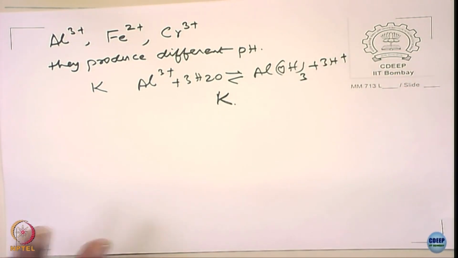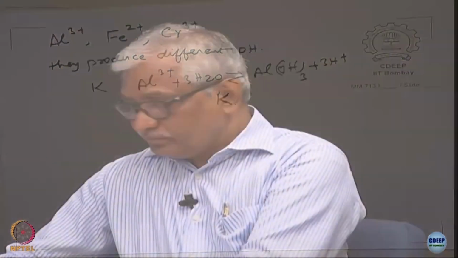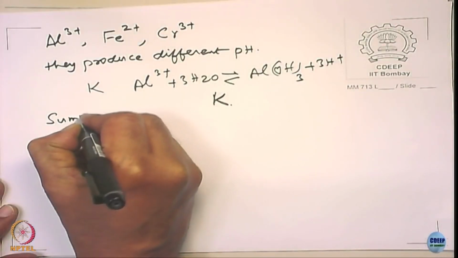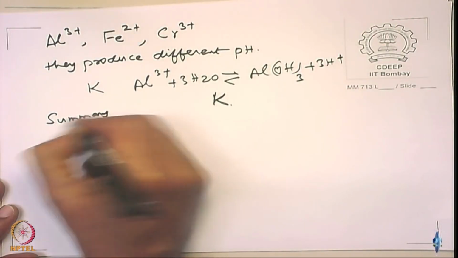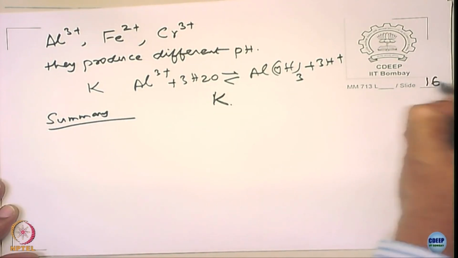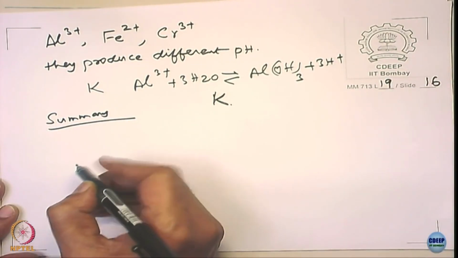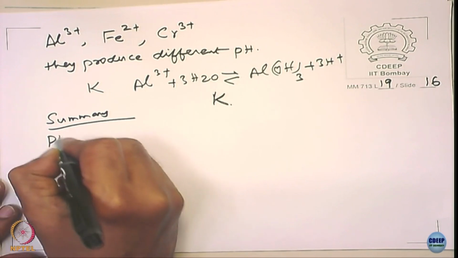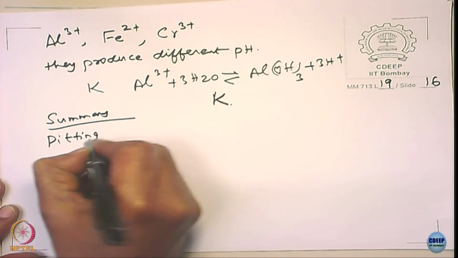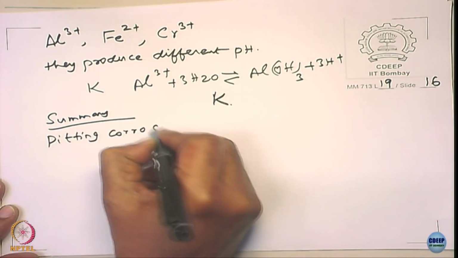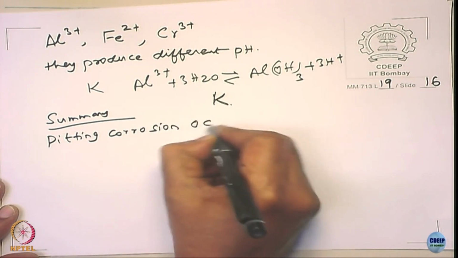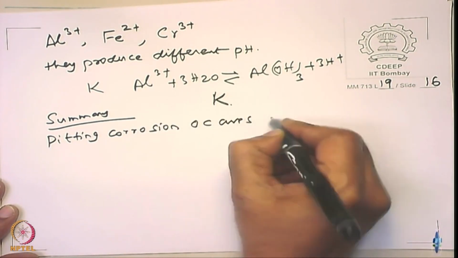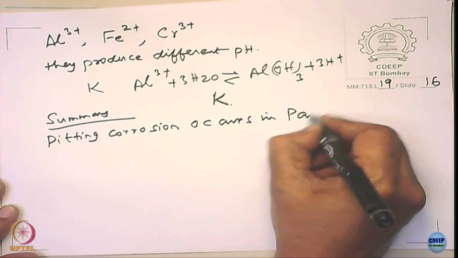Okay. So to summarize what we have seen so far: pitting occurs in passive metals.